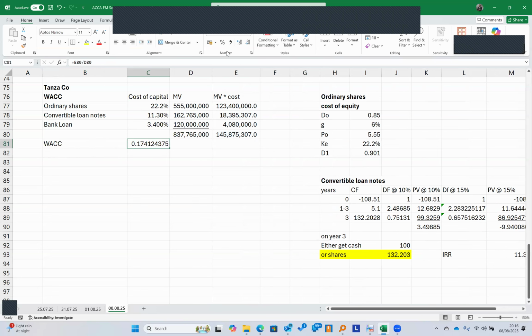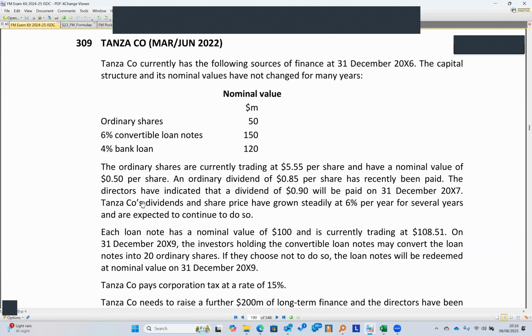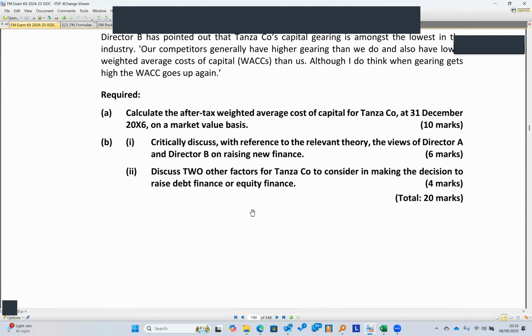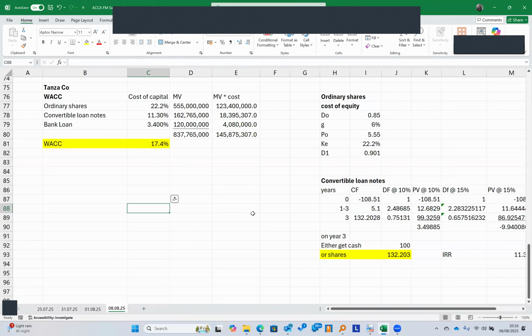So the WACC is about 17.4%. So that is part one done. Okay, I don't know if you have any questions before we just go to the second part. No, I hope not.